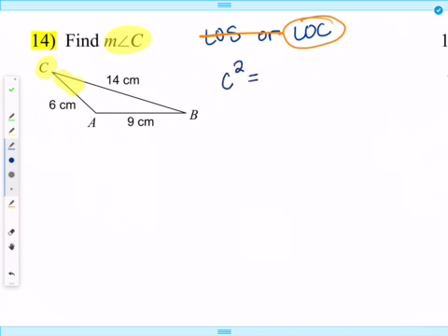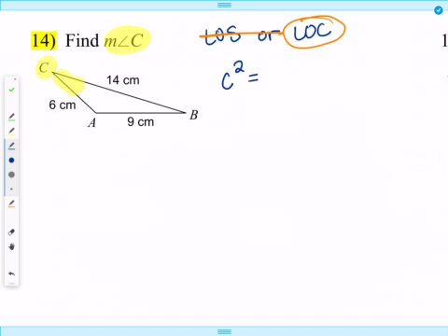Okay? As a reminder, one of these formulas is going to be on your test. I believe it's the one that starts with C squared. It will be given to you. You need to know how to recreate the formula for any other variable like A squared or B squared or X squared. So it always starts out with whichever side you're trying to find or whichever angle you're trying to find.